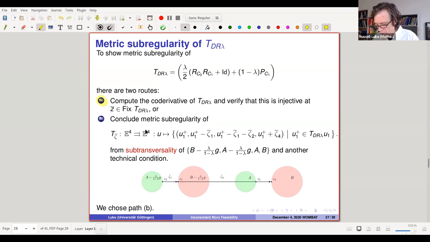Or you can go through a more geometric approach and look at this notion of subtransversality, as I mentioned, of our two original sets A and B. Then they have these twins shifted over somewhere according to the gap and the direction, the order of the operations here. And so basically, what we do is conclude metric subregularity of this mapping that is some sort of mapping measuring gaps between these sets.